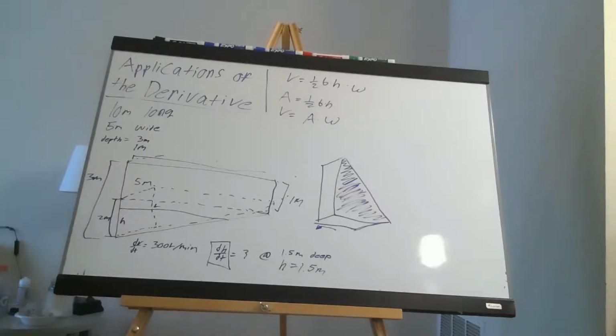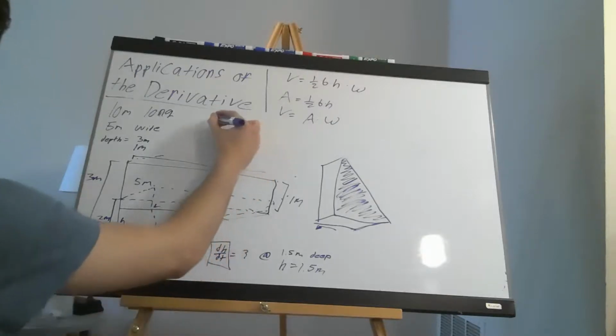5 meters. So that's 2 meters. 10 meters wide, or 5 meters wide, so that's going to be constant.